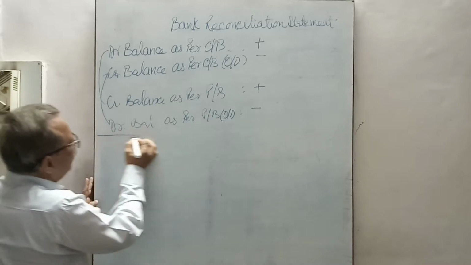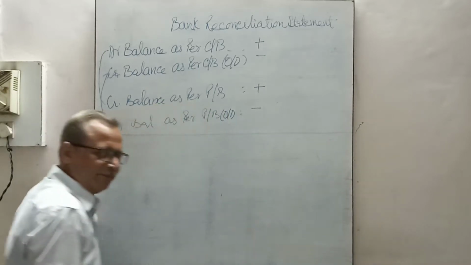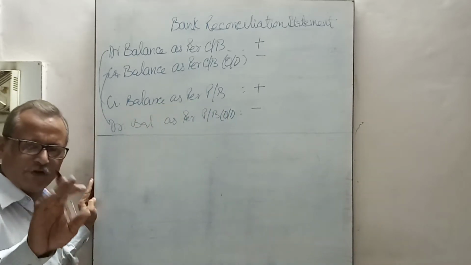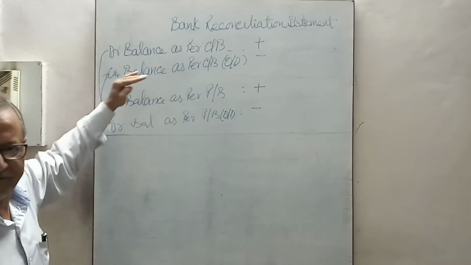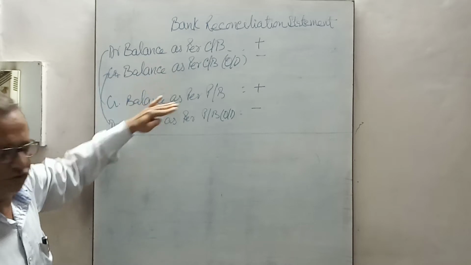So, what items should be plus and what items should be minus from the base balance which we have taken?